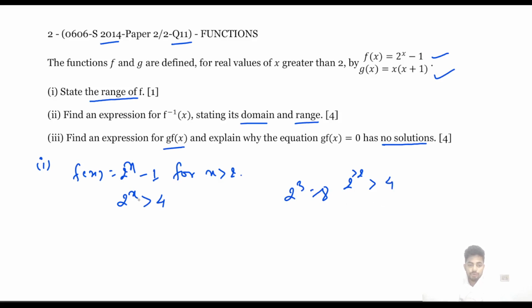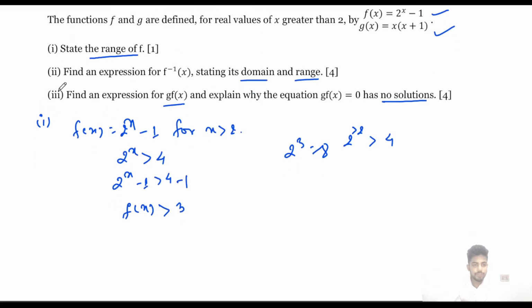So 2^x is greater than 4, and we subtract 1 on both sides. We get 2^x minus 1, which is f(x), greater than 3.